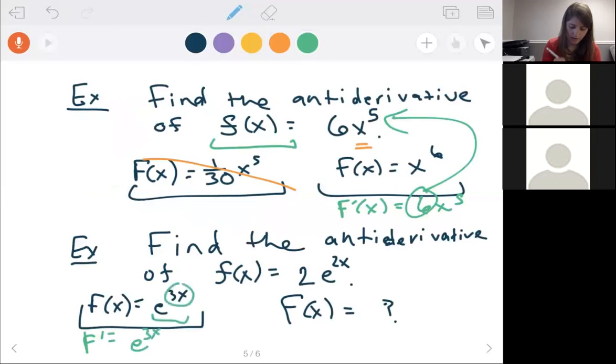So think about this guy as your inner function. So we have e to the power, and then times the derivative of the inner. So in this case, 3e to the 3x.